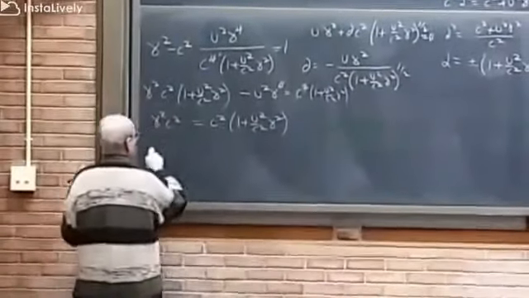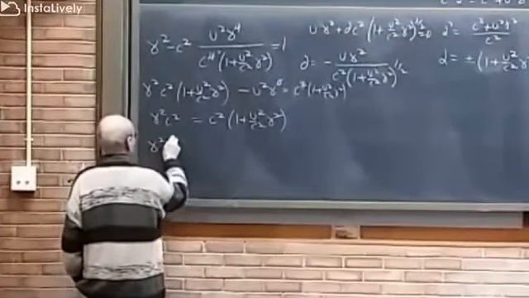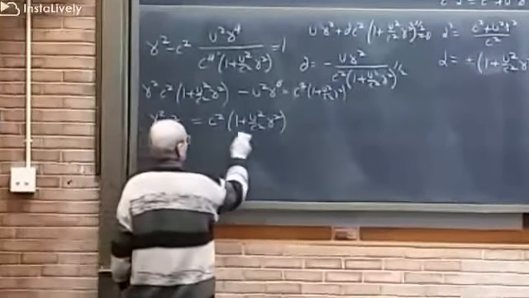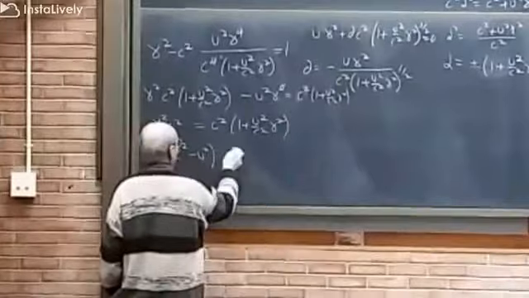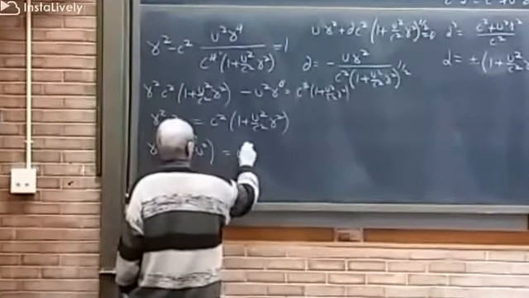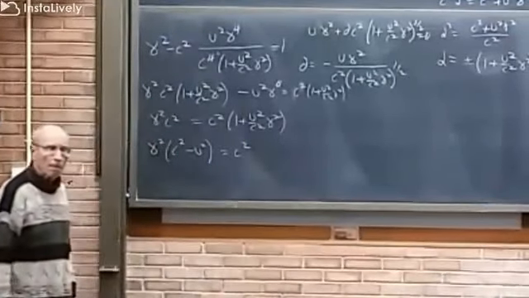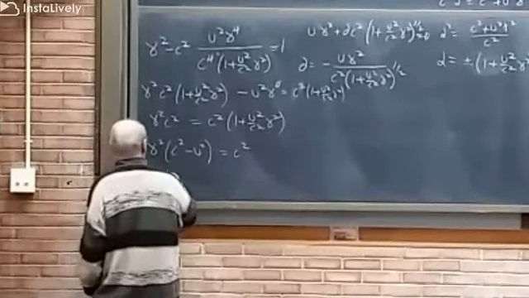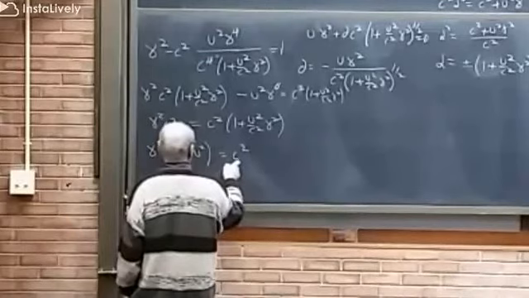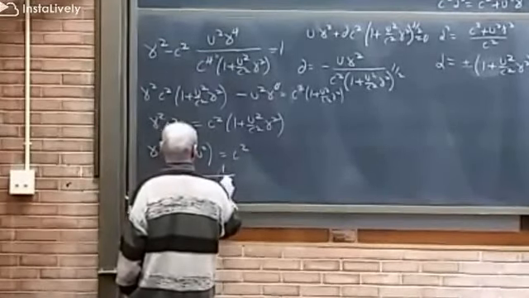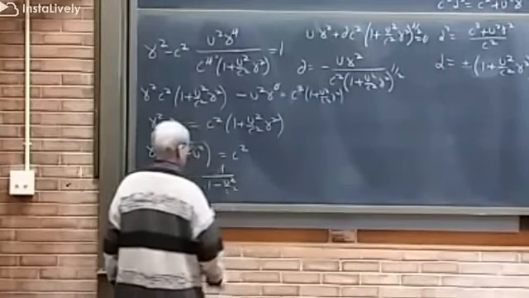So bring this over here, and I get gamma squared times c squared, the c squared cancel, minus b squared, and what's left over here is c squared. And therefore, gamma squared is 1 over 1 minus b squared over c squared.